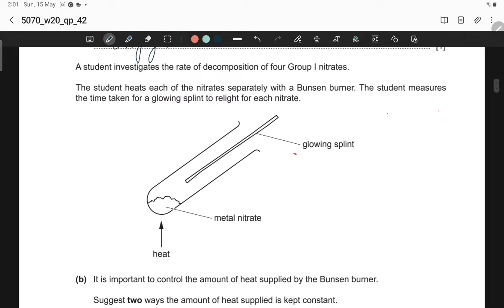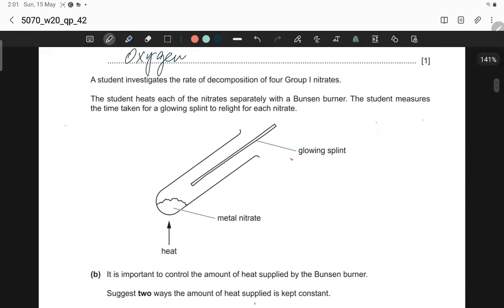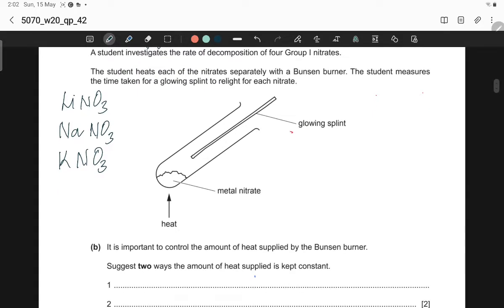You know that group 1 nitrates are lithium nitrate, sodium nitrate, potassium nitrate and rubidium nitrate. This is group 1 nitrate.